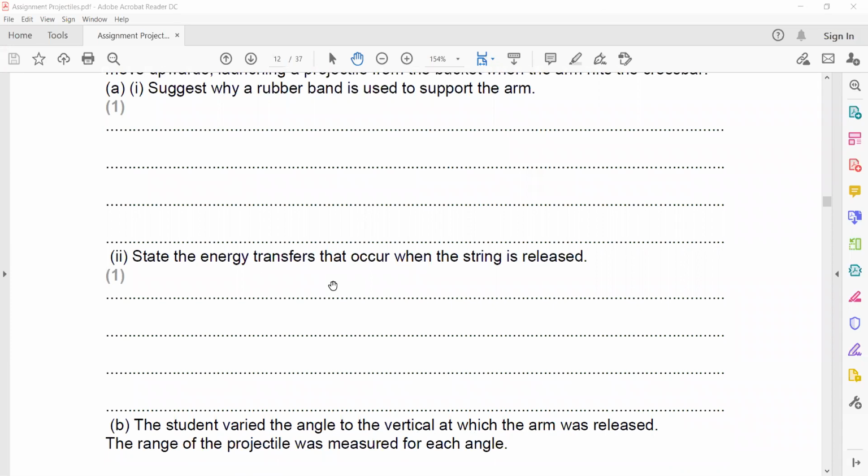State the energy transfer that occurs when the string is released. What is the change in energy whenever an object is stretched? When an object is stretched, it will have elastic strain energy.